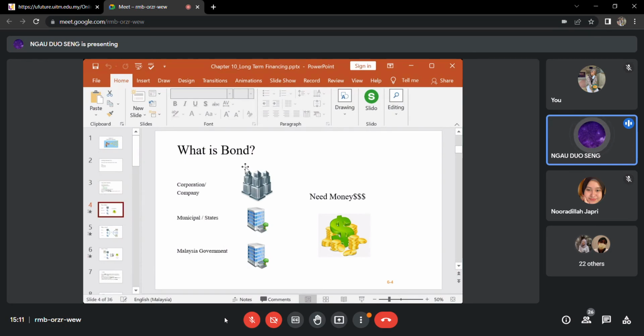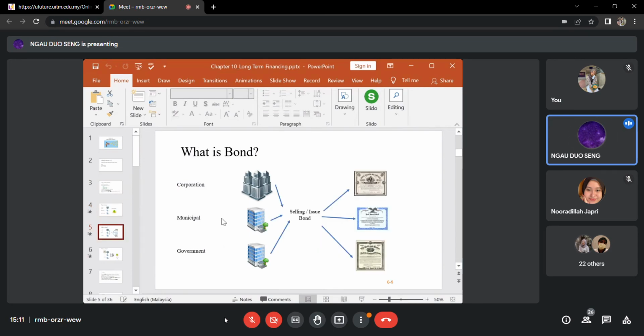Dia boleh jual bond. One of the option adalah they can sell bond. So if they need money, one of the cara dia adalah selling, or sometimes kita guna the word issue bond, right? The issue bond. So actually bond adalah satu jenis certificate atau sijil.